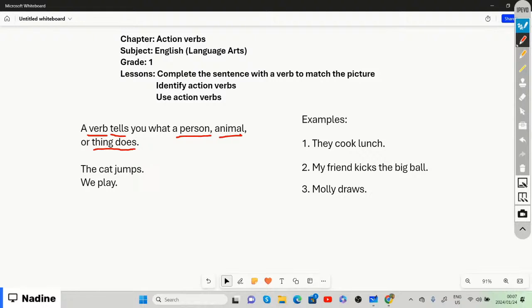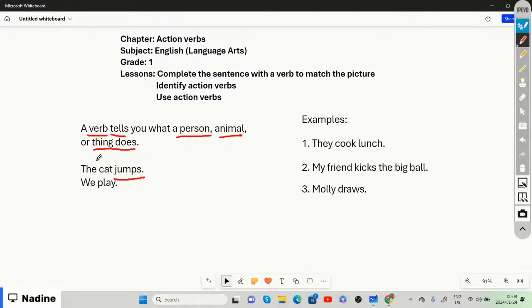For example, the cat jumps. The cat jumps. So if we identify the verb within the sentence, we identify the verb as jumps, right? Because now you're asking yourself, who jumps or who jumped?